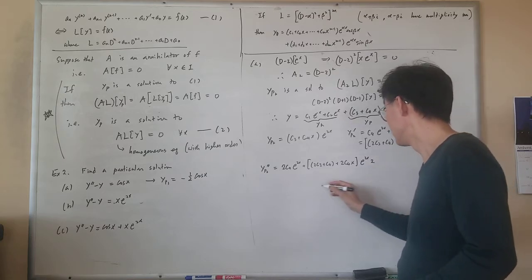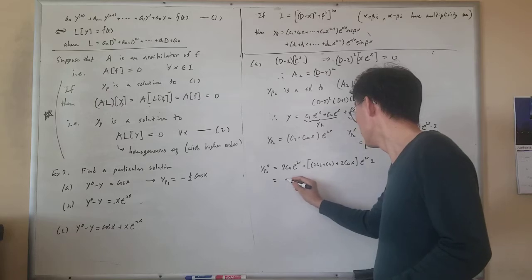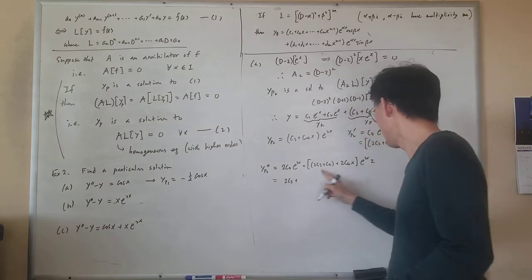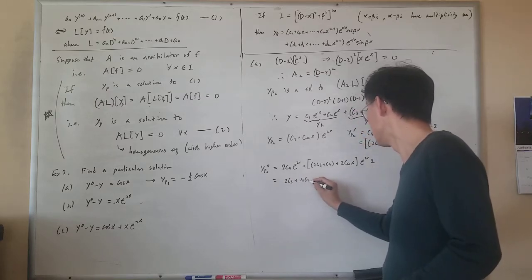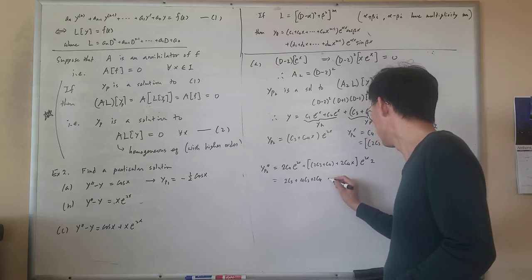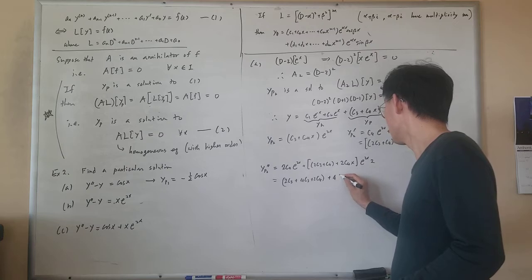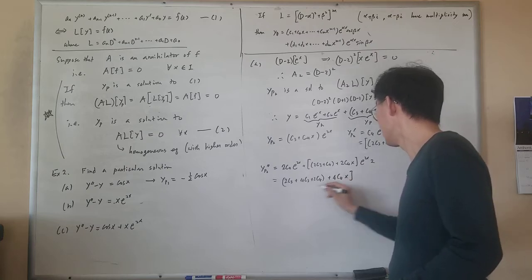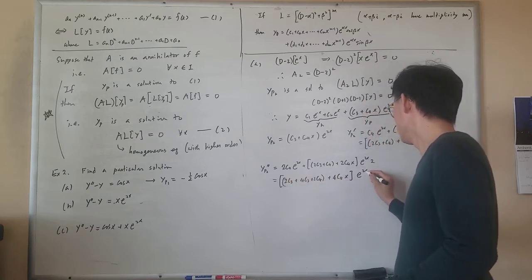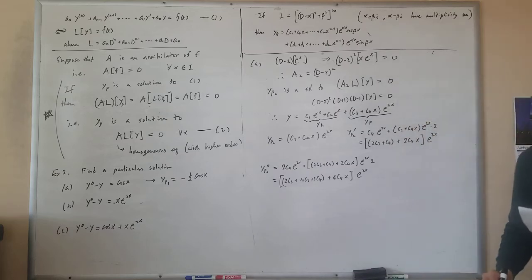So it will be 2c3 plus c4 plus twice 2c4, plus twice 4c4 x e to the 2x.